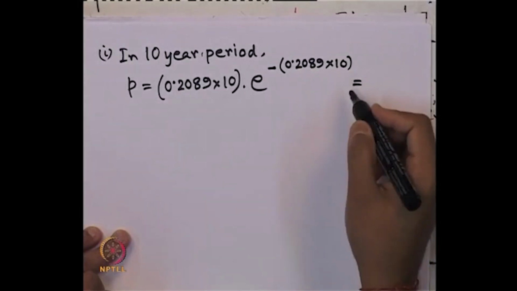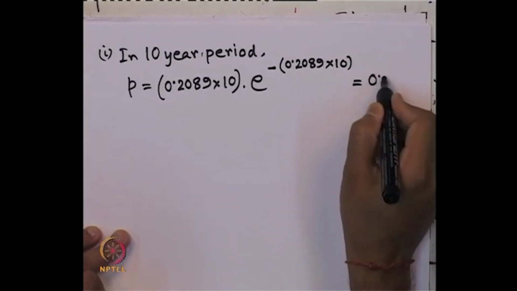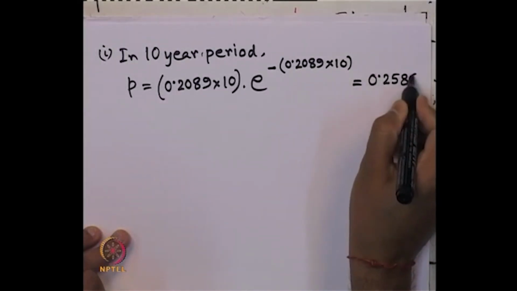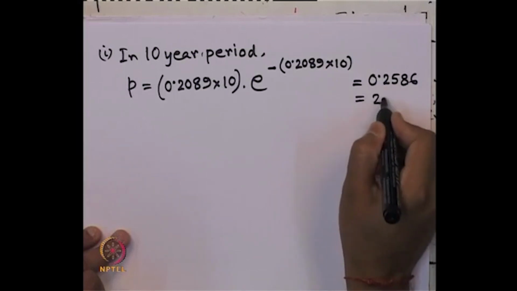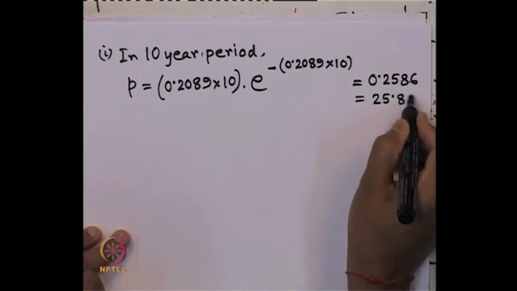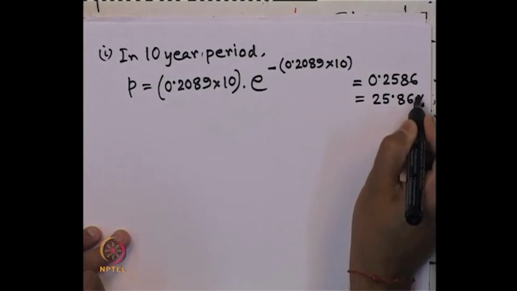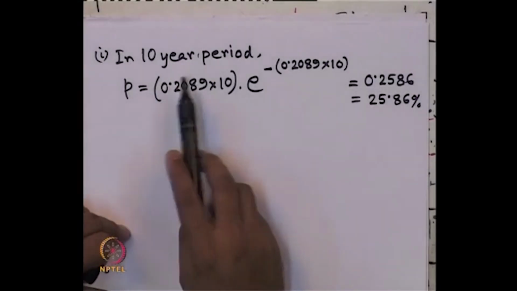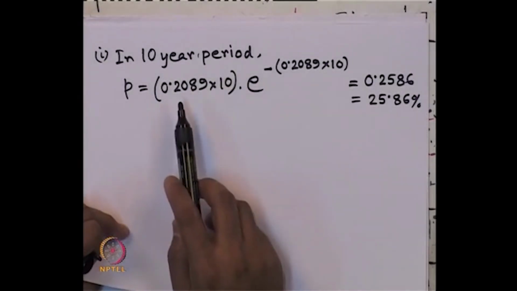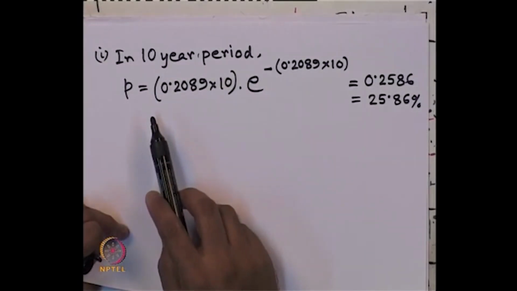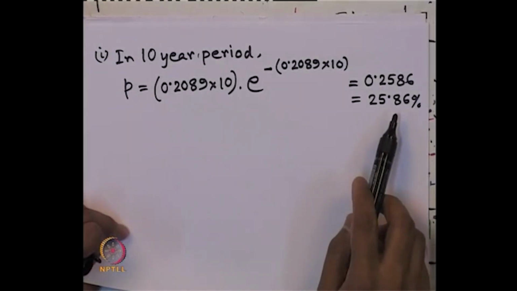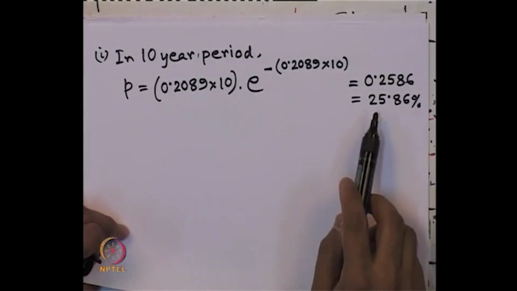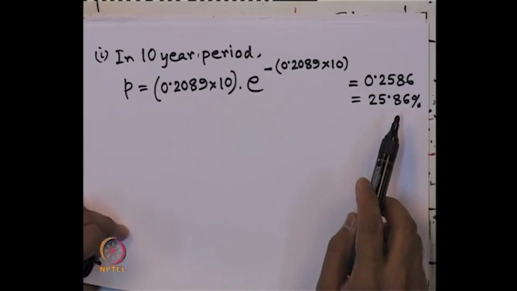That gives us the value of 0.2586, which in percent we can write as 25.86%. Okay? That means in a 10-year period, in that locality, one earthquake of magnitude 6.5 will occur with a probability of 25.86%.